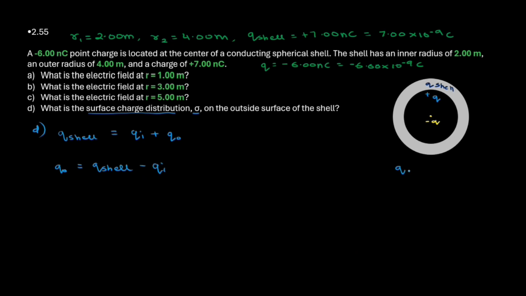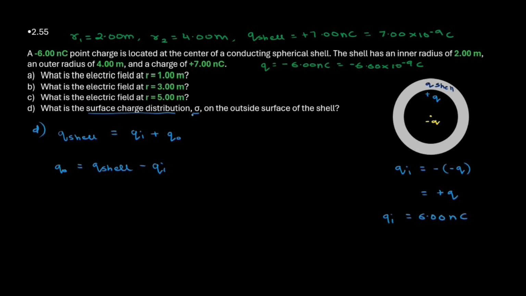Now charge on the inner surface of the shell is same in magnitude but opposite in sign as the charge in the center. So Qi will be equal to minus of Q, which is equal to plus Q. So it will have same magnitude or the same size as the charge in the center, but opposite sign. So I will write Qi as 6 nanocoulomb.